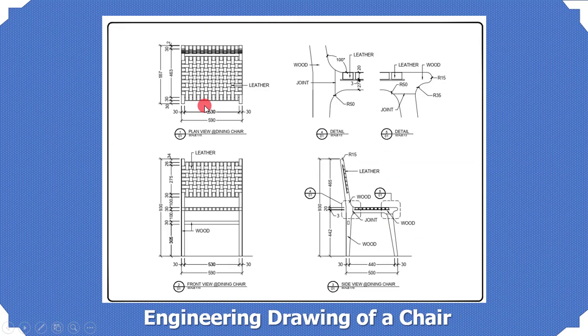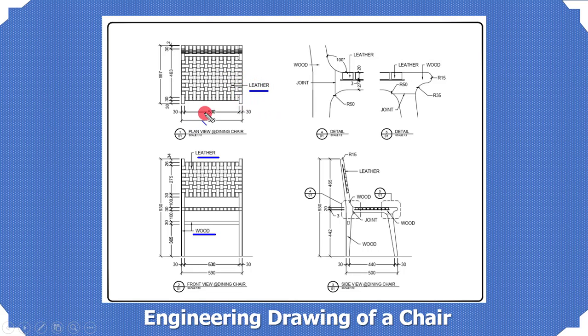Here you see, this is one of the engineering or technical drawings of a particular chair. Let's look at what details are shown here. Leather, the material is shown. Wood, the material of the legs, that is, the frame of the chair is made of wood, and the cushions, the material other than the frame, is leather.